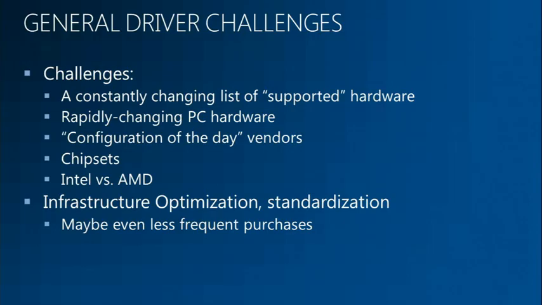Vendors like Intel tend to have chipsets that stay around for enterprises for a period of about 18 months. So as you're buying machines over that 18-month period, you can pretty much guarantee that they're going to be fairly stable. There may be a new video driver, a new NIC, a new something that gets added into the mix that requires that you add maybe one more driver.